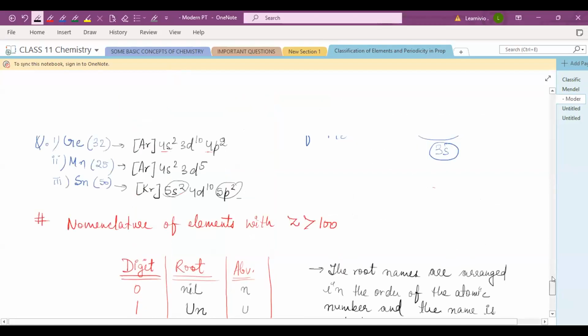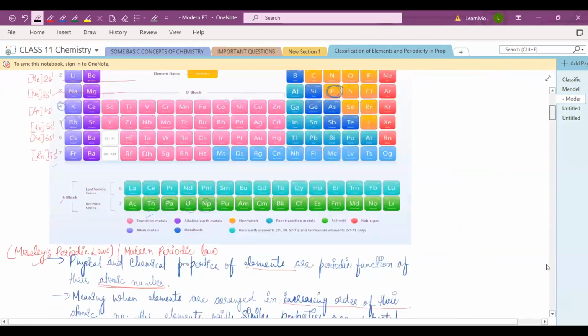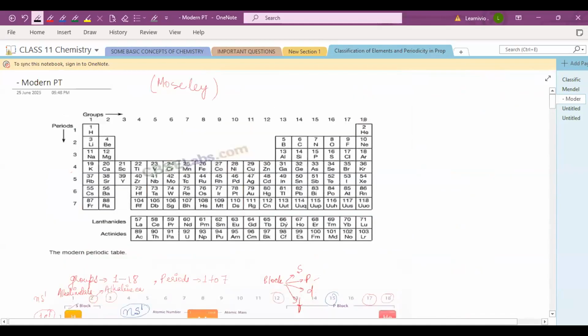See this, the first one. After 100, some names were given like this, RF. Some names were given according to the discovery, the name of the scientist who discovered that element.